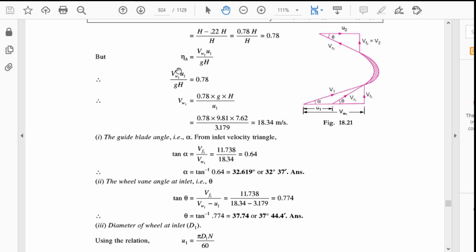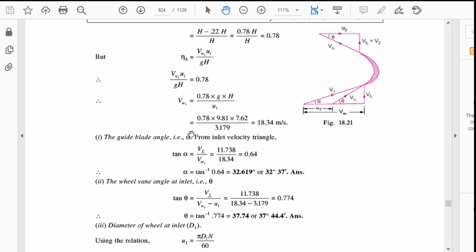Substituting the values, you will get VW1 as 18.34 meters per second. This will be your whirl velocity at inlet. Now the whirl velocity at outlet is 0.